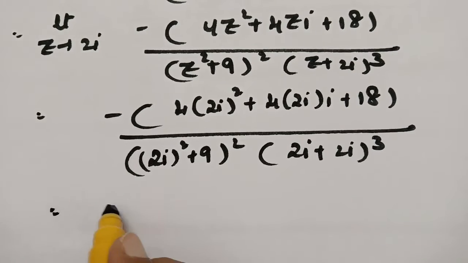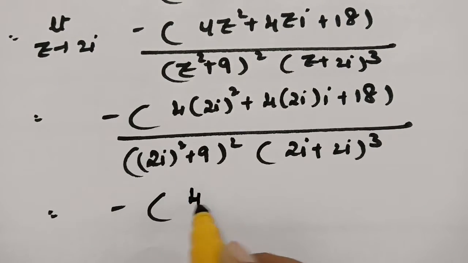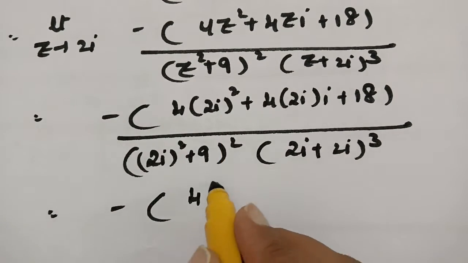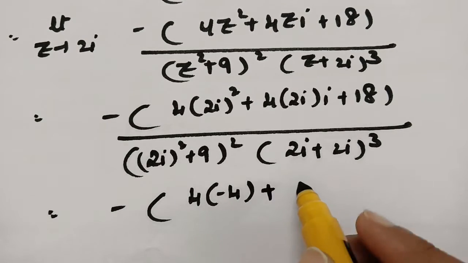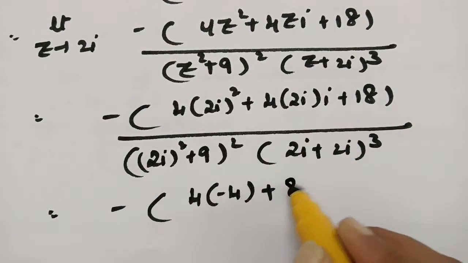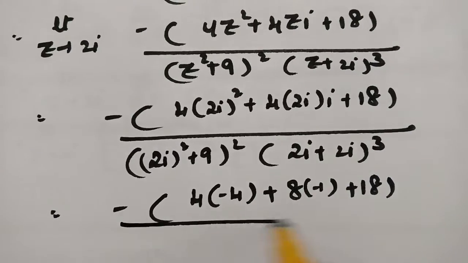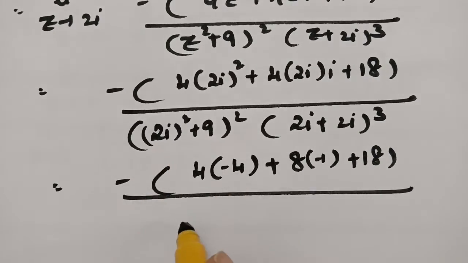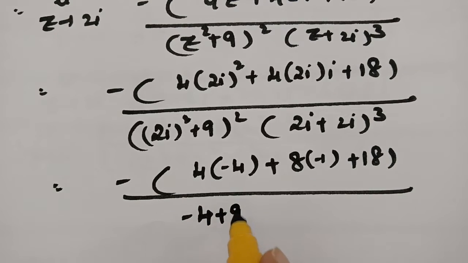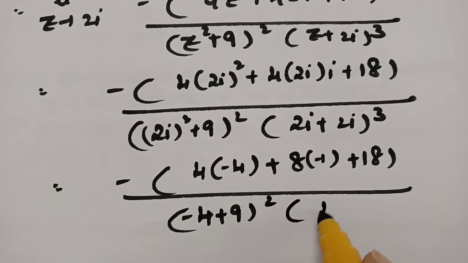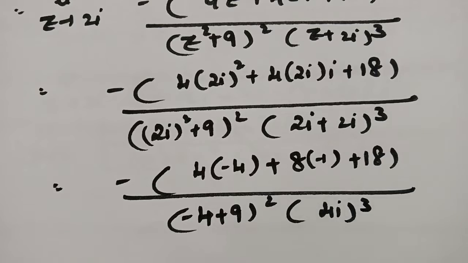The value here is minus of 4 into 2 square, that is minus 16, plus 8 into i square which is minus 8, plus 18, by (minus 4 plus 9) whole square and (4i) whole cube. Clear?